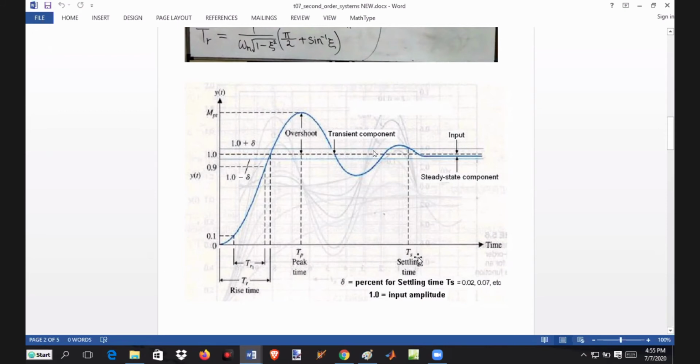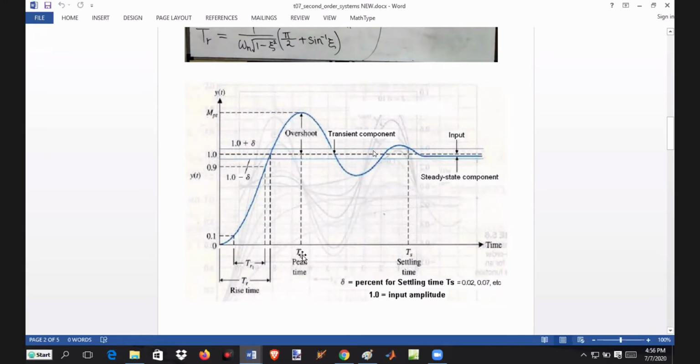TS is within 2% or within 3%, meaning plus and minus. Delta is plus and minus 0.2, something like that. Then this one can be 1 minus delta, that means the percentage, the difference. So TS is the settling time, the percentage error here.